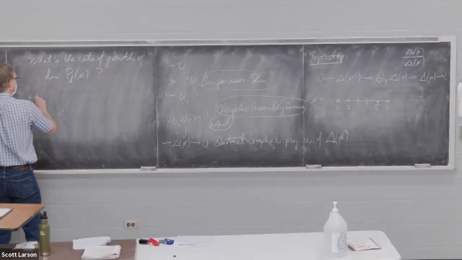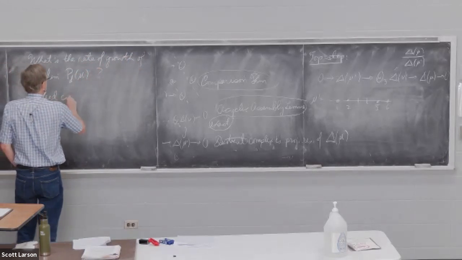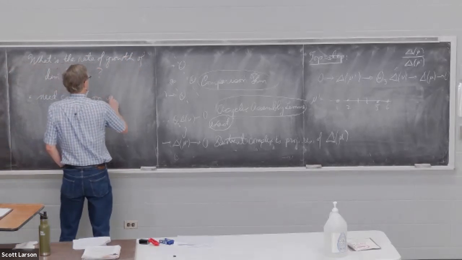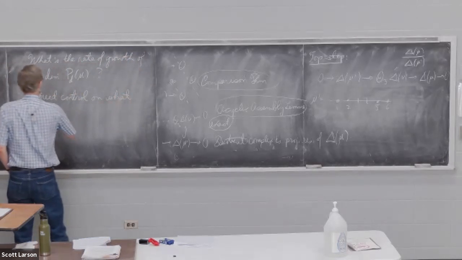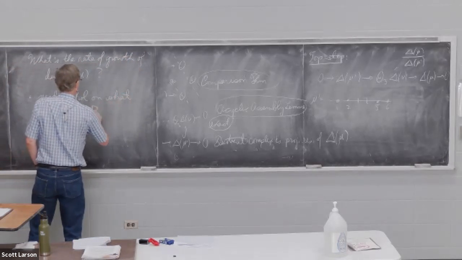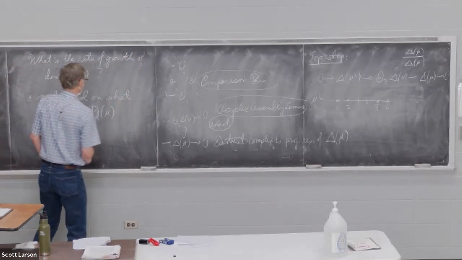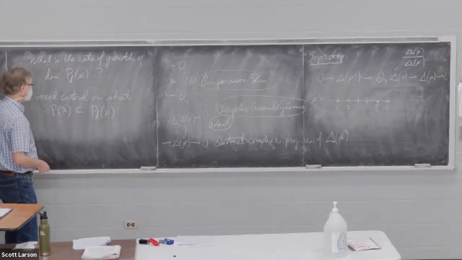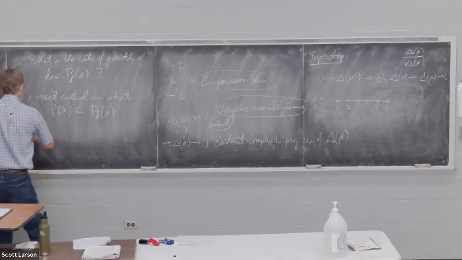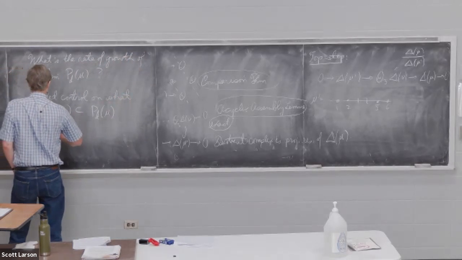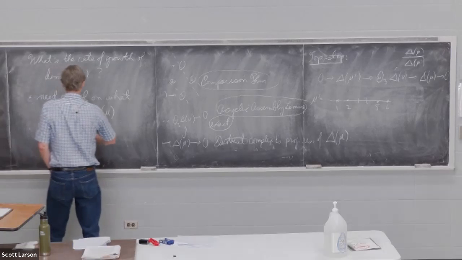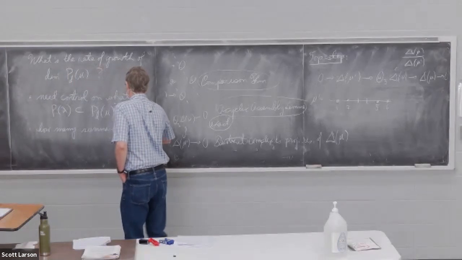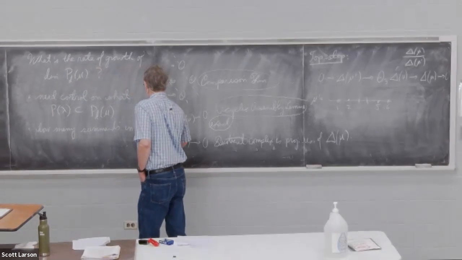You need to have some control on what summands can be in there: what possible indecomposable summands can be a term of this. And then you also need to know how many indecomposable summands are in there.